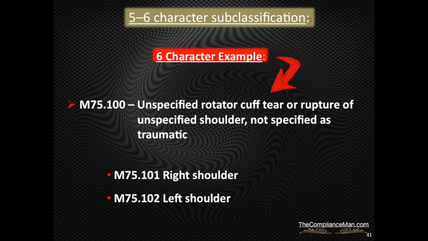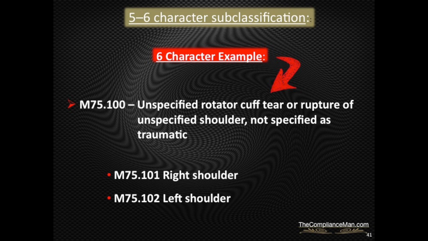In the next example, you see a 6-character code, the M75.100, which means unspecified rotator cuff tear. And to be more specific, you would go down in the tabular list and further define that code from unspecified to either the right shoulder or the left shoulder.